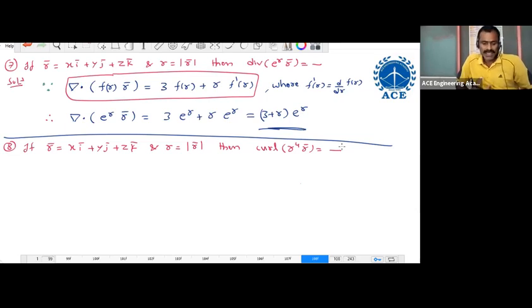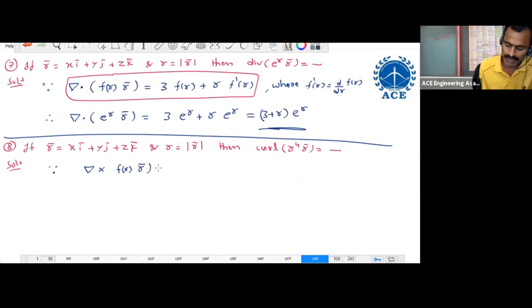The 6th one is gradient, the 7th one is divergence, the 8th one is curl. That is the only difference. This is a very simple formula. Symbolically, del cross any function of r into r bar is equal to a very simple result, that is 0 bar. That's it.